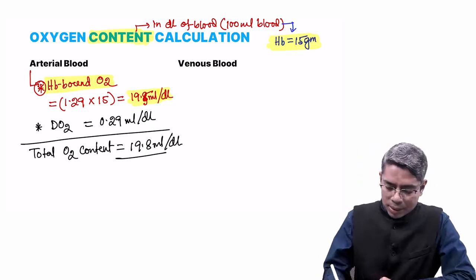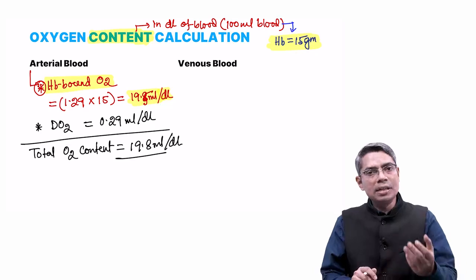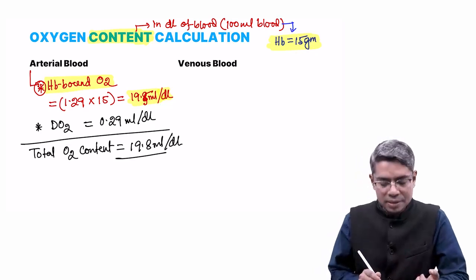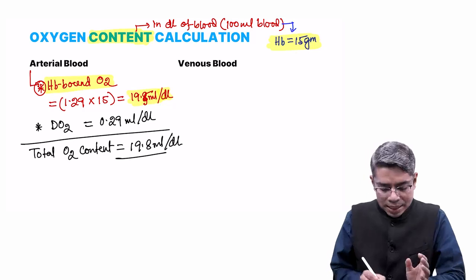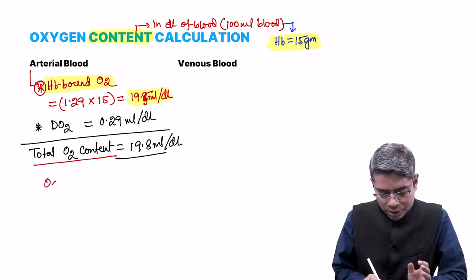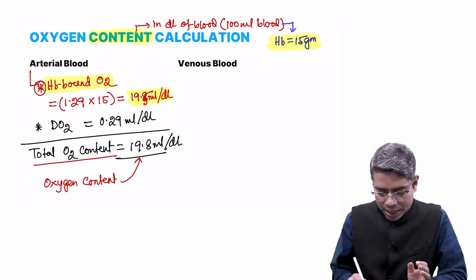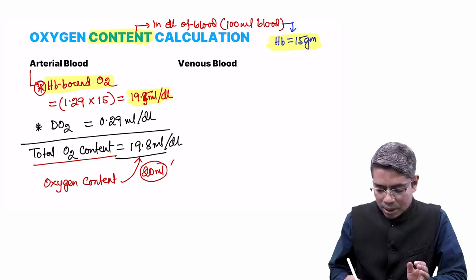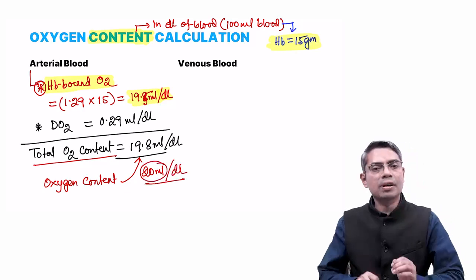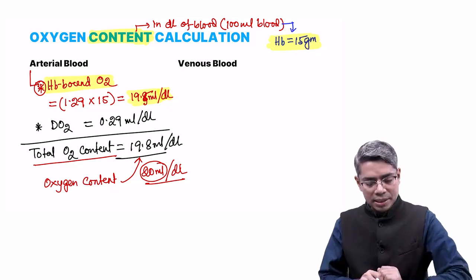So, this value, this 19.8 or 20 ml, is known as the oxygen content of the arterial blood. So, the oxygen content of the arterial blood is 19.8 or approximately 20 ml per deciliter of blood. Got it? So, this is the arterial blood oxygen content calculation.